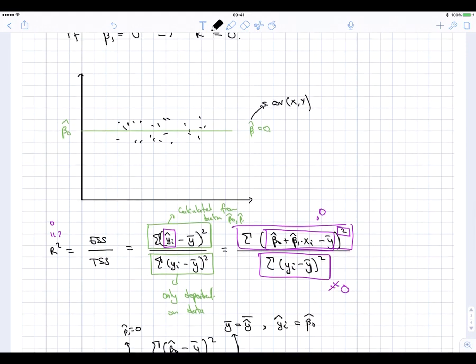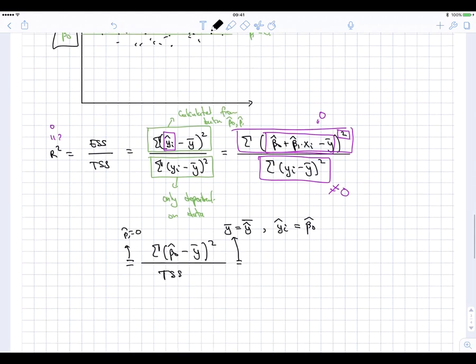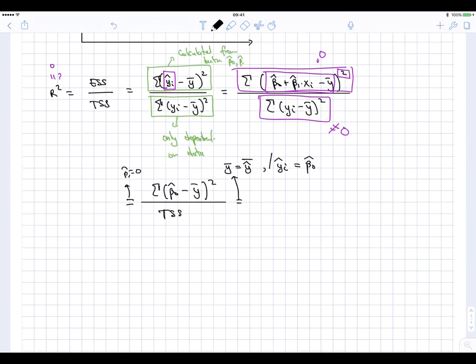If you look at this graph, what's the y hat? It's always the same. It's just equal to beta 0 hat. Whatever value of x I give you, you get the same predicted y. If yi hat is always equal to beta 0 hat, what is y hat bar equal to? It's also equal to beta 0 hat.